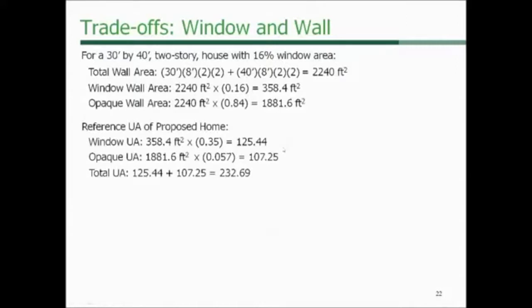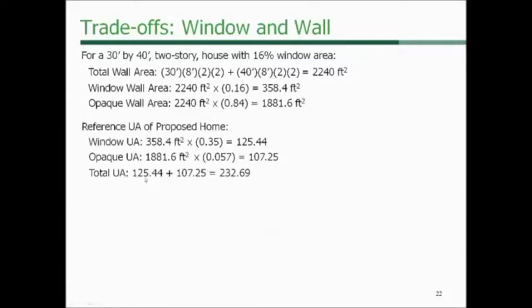So even though there's a lot more opaque wall, because of the difference in the U factors and the thermal efficiency between the opaque and the window, almost the same amount of energy is released between the 16% area of window and the 84% area of wall.